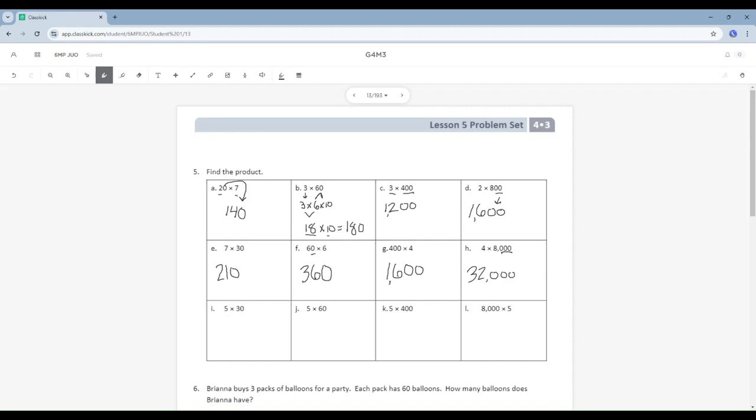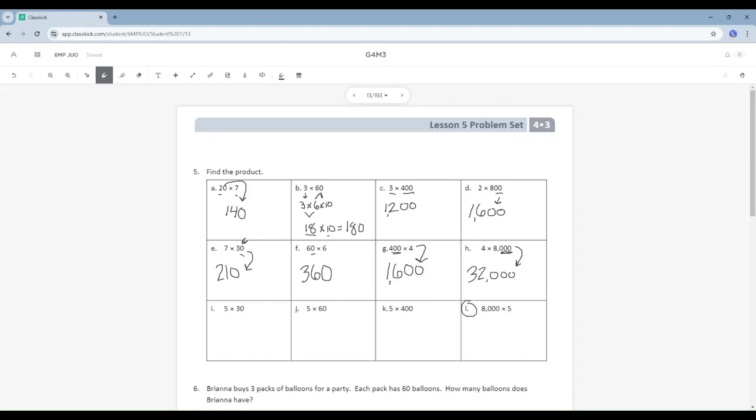The number of zeros should match in most instances, and you'll probably see one down here with letter L where there might be an extra 0. So if you're multiplying by 1,000, you should really have 3 zeros coming along for the ride, like in letter H. If you're multiplying by 100, you should have 2 zeros coming along for the ride, like in letter G. And when you're multiplying by a 10, like in letter E, really that 1 zero is coming along for the ride.